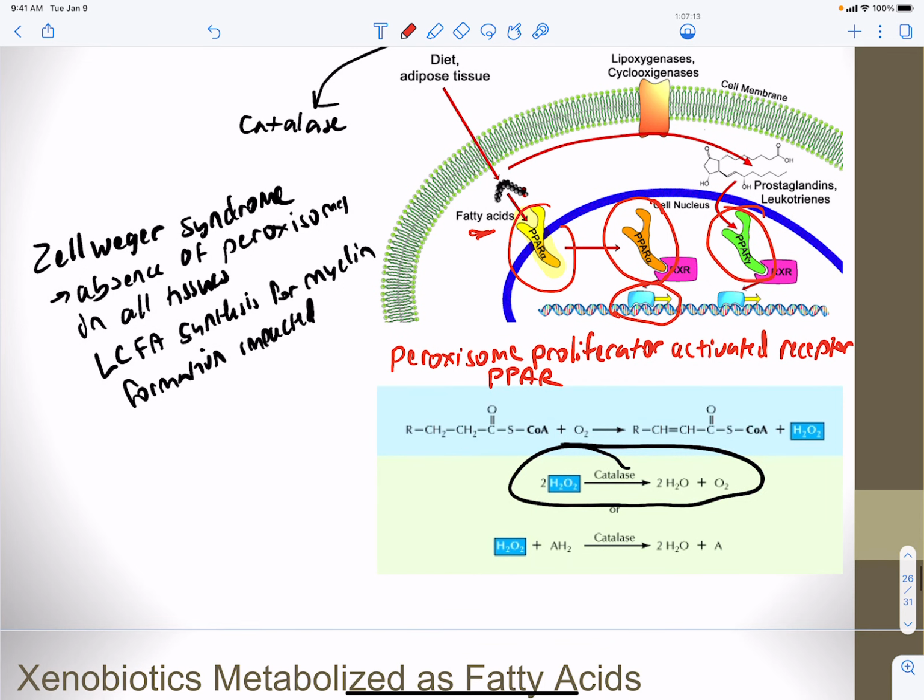There are three major peroxisome proliferator activated receptors. You have your alpha, which is the major form in the liver.